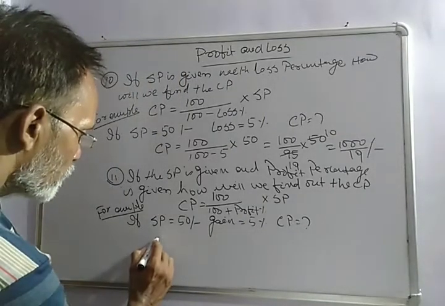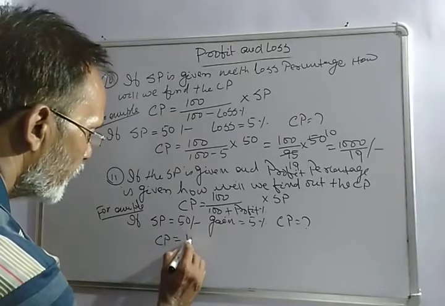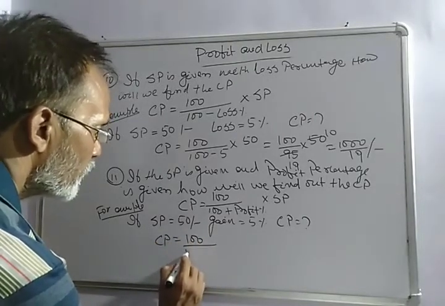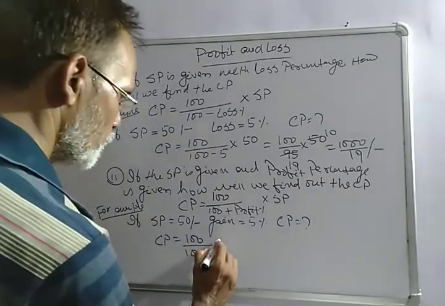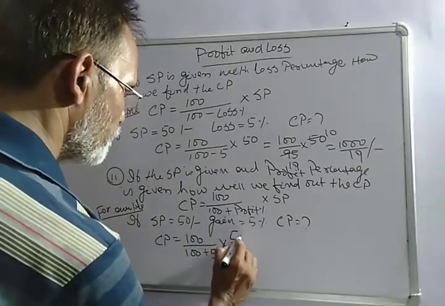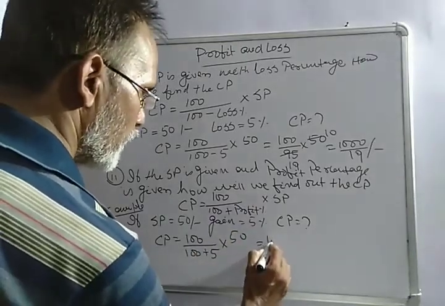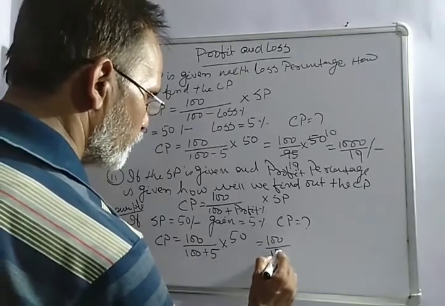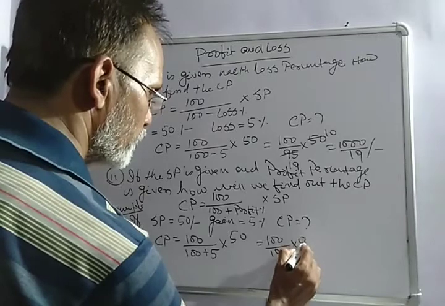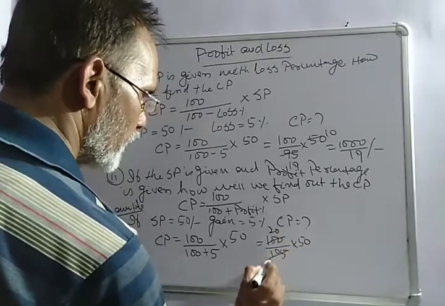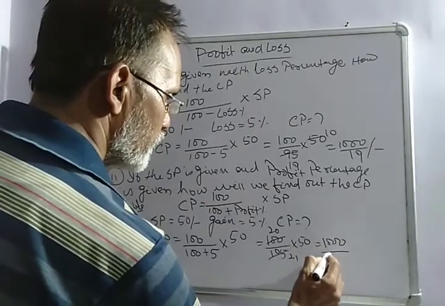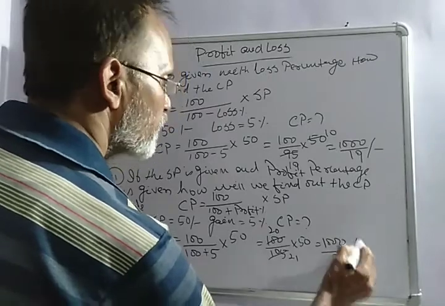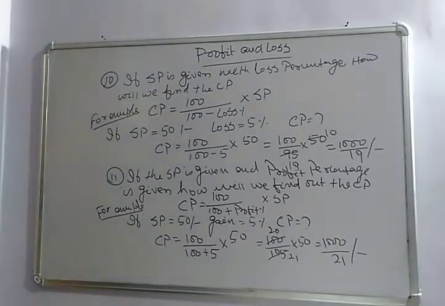So cost price is equal to 100 by (100 plus gain percentage, means 5) into SP, which is 50 rupees. So this is equal to 100 by 105 into 50. So 5 20s are 100, 5 21s are 105. So this is equal to 1000 by 21. This is the cost price. So this is about the profit and loss.